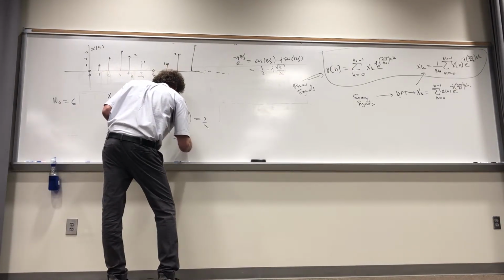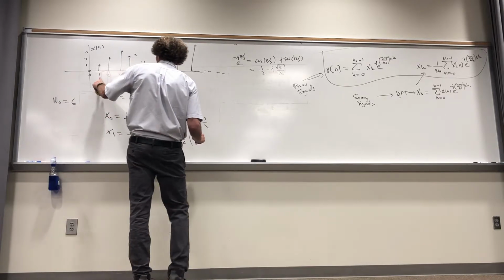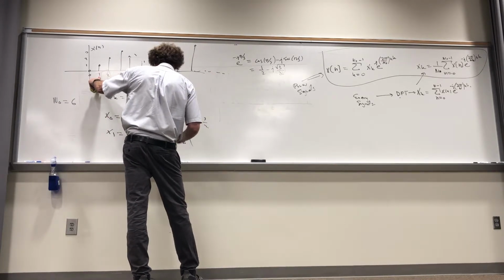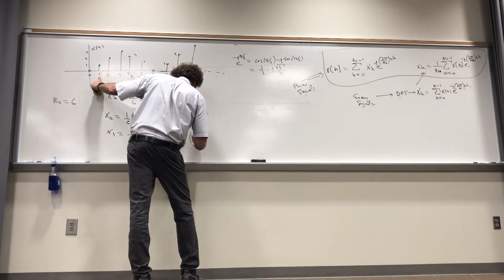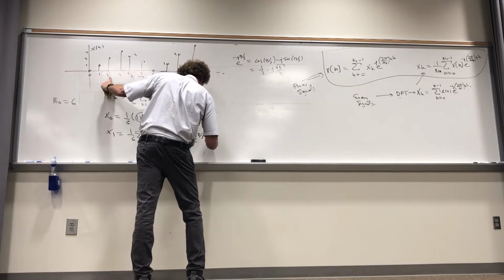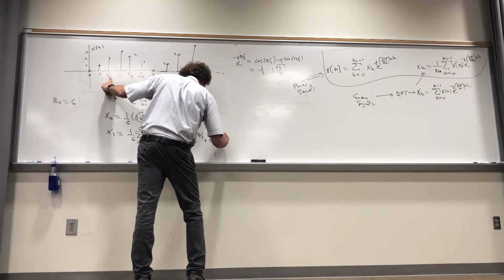All right, so if you wanted to do that one, what would that be? That's 1/6, right? First value, that's when n is equal to 1, right? And it's going to be 1 times e to the minus j pi over 3 plus 2 times e to the minus j 2 pi over 3, right?